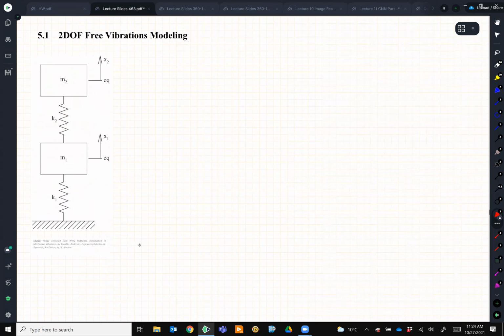So very similar to what we did for a single degree of freedom system. Let's do a quick recap. For a single degree of freedom system, what we did, first, we modeled them. By modeling, we mean we derive their equation of motion. We have 2 methods, right? Newton's and Lagrange. So the equation of motion.